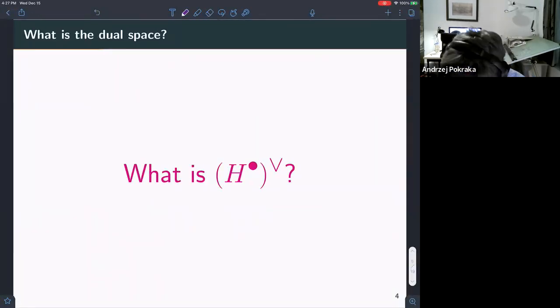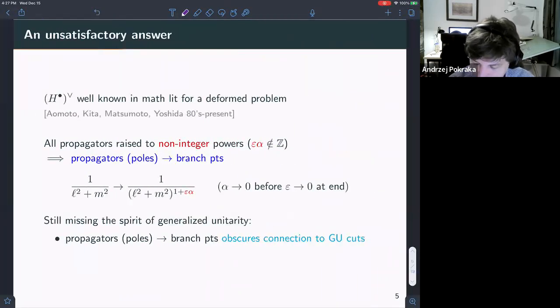Right, so the dual space, well, there is an unsatisfactory answer to what it is. This dual space is well known in the math literature, but it's well known for a deformed problem. It's well known for the problem when you only have branch cuts.